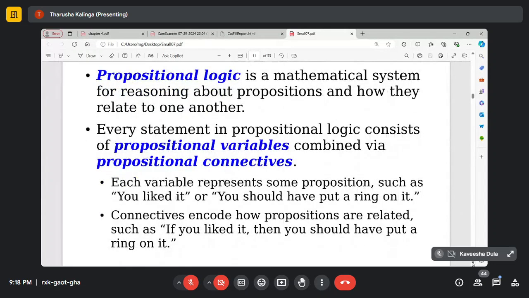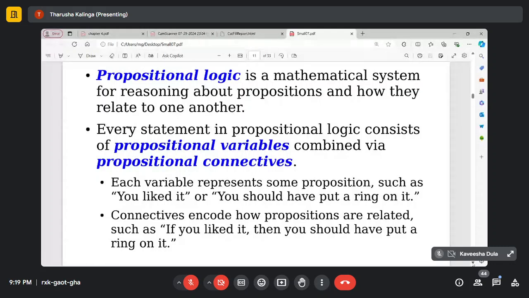In the same manner, like 2 multiplied by 3, where you see a relation between the two integers 2 and 3, we are going to see the kind of relations the propositional variables have.